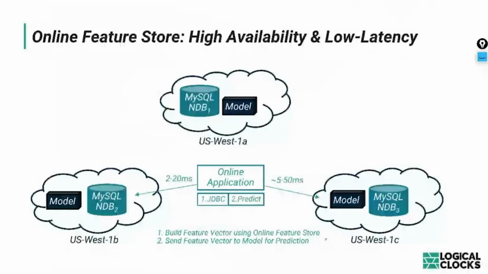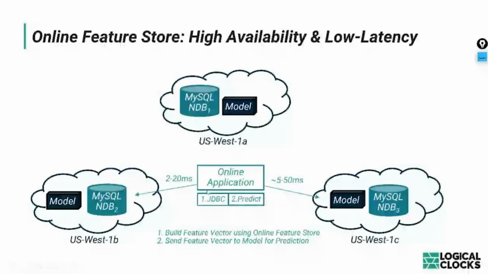In our case, our online feature store is based around MySQL Cluster, which we often call NDB. That's the storage engine for MySQL Cluster, and NDB stands for Network Database. The interesting properties of NDB are that it's extremely low latency. It's an in-memory database. It supports a MySQL API.